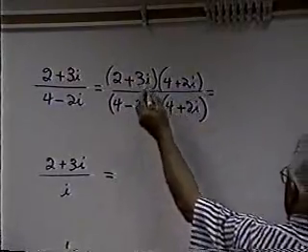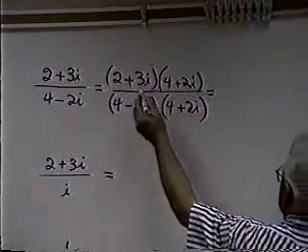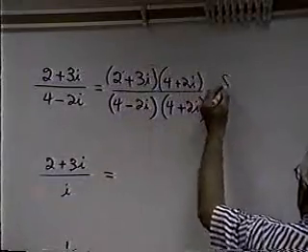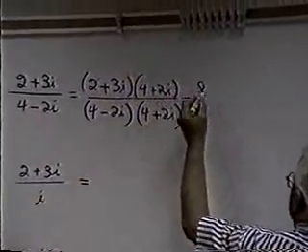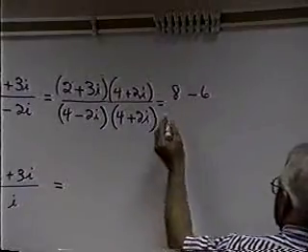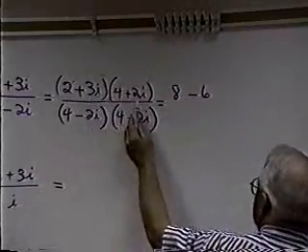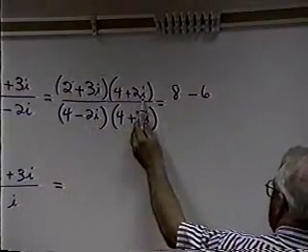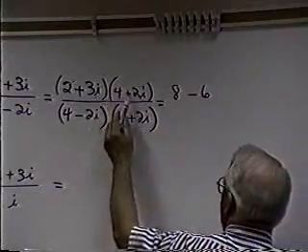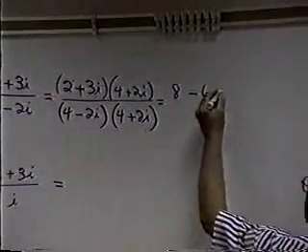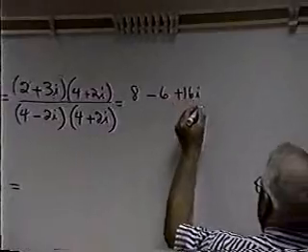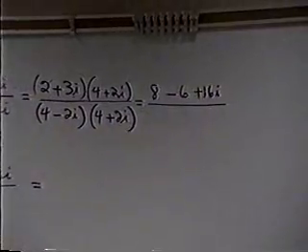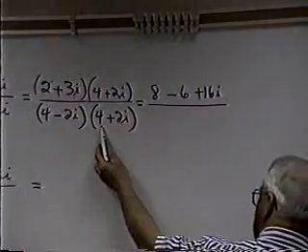So top, first times the first is 8. Last times the last is a minus 6. Remember, it would be a positive 6i squared, it's negative 1. And the inside is 12i plus 4 is 16i. Divided by. Now, what was the rule we just got through doing?